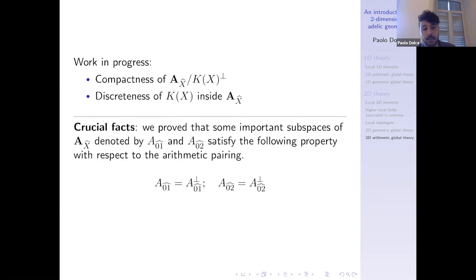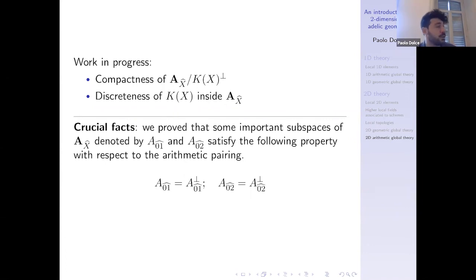And a crucial fact that I will mention: these spaces, A01 and A02, are just B and C. So these are the two spaces B and C that Ivan defined yesterday in his talk. We showed in our work with Veronika that these spaces are self-orthogonal.